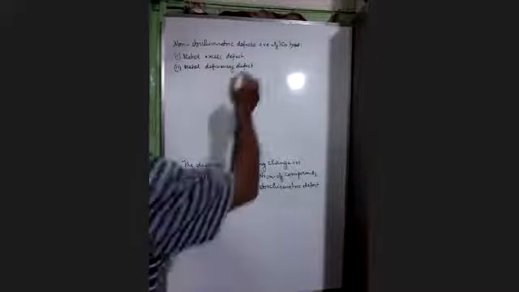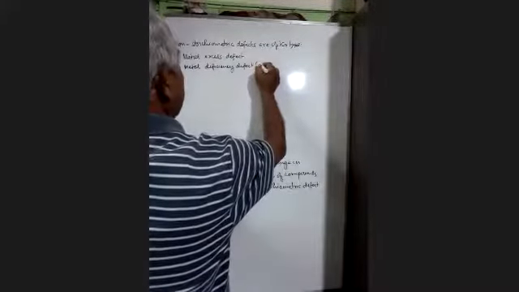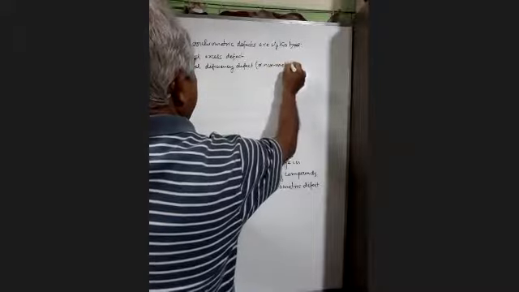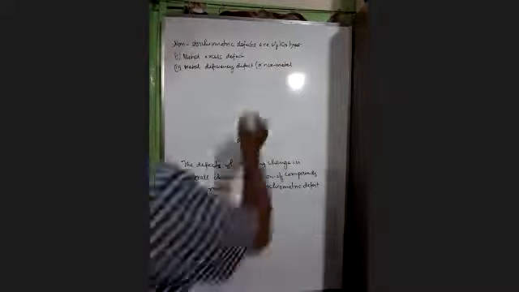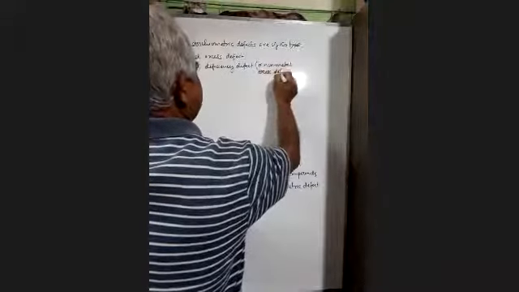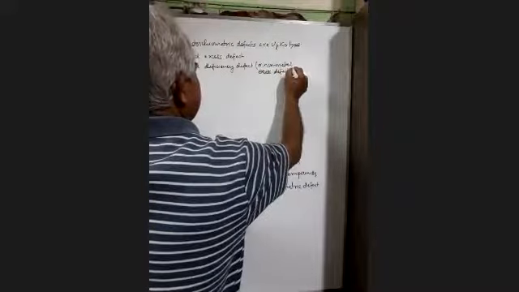Or we can write non-metal excess. Metal excess defect. Second one is metal deficiency defect, or we can say metal deficiency means non-metal is more, so we can write non-metal excess defect.